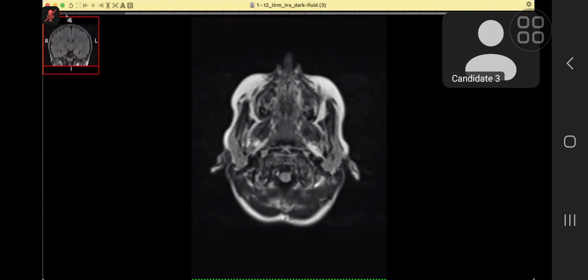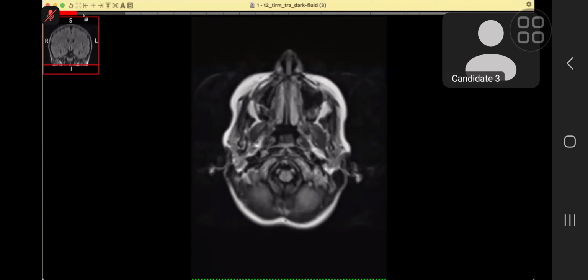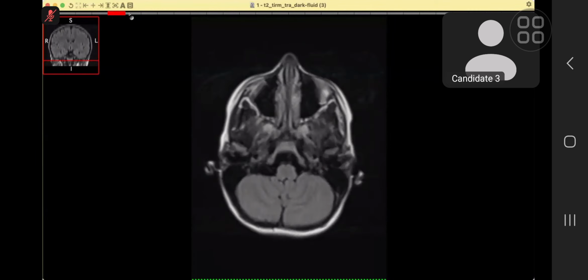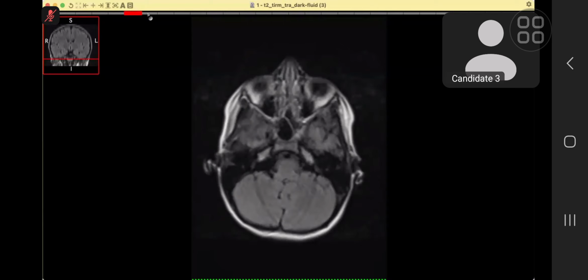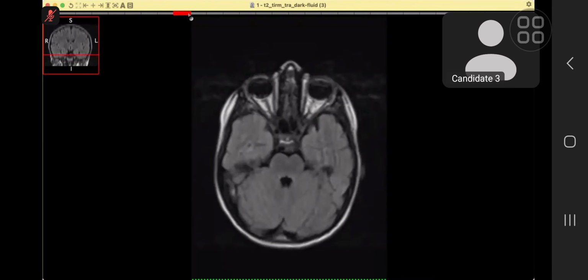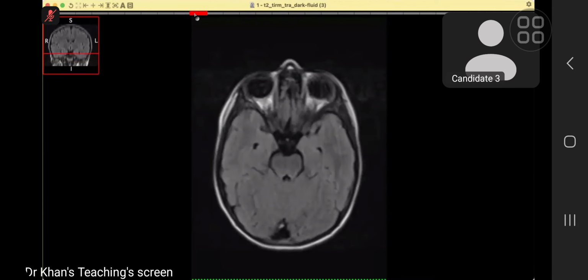Okay. I am provided with the MRI images of a 6-year-old patient who presented with a complaint of epilepsy. So I'm scrolling through the images. These are the FLAIR axial images of the brain.